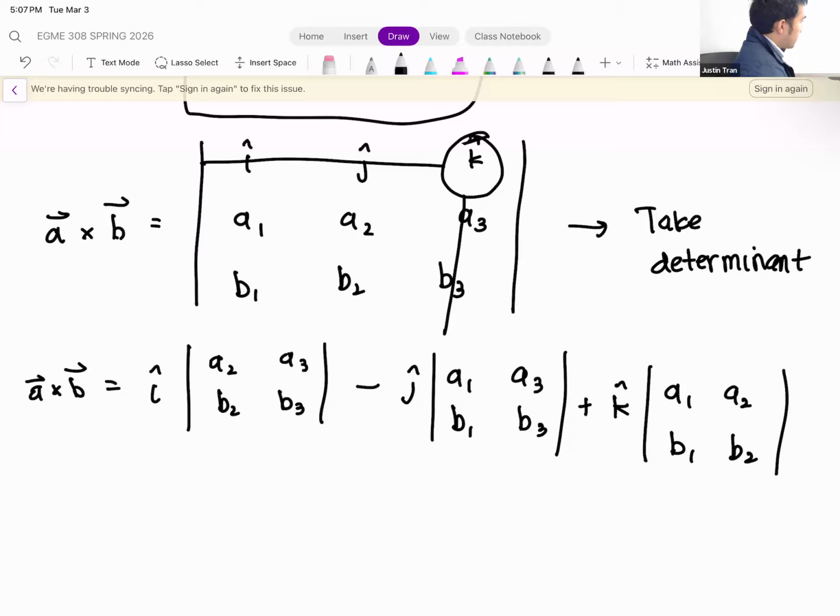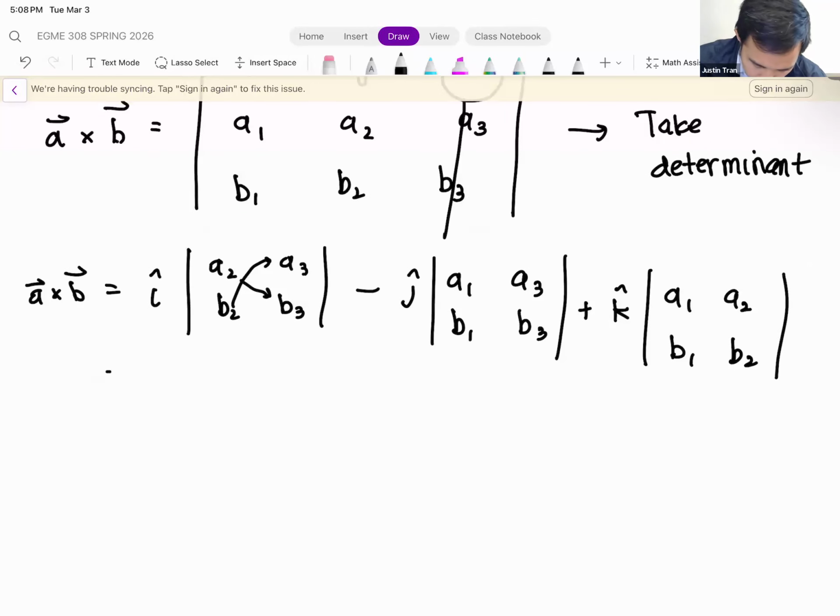All right, so all that's left to do here is to take the determinants of all those 2x2 matrices. A 2x2 determinant is pretty straightforward: we take the product of the two terms on the main diagonal minus the product of the two terms on the off diagonal.